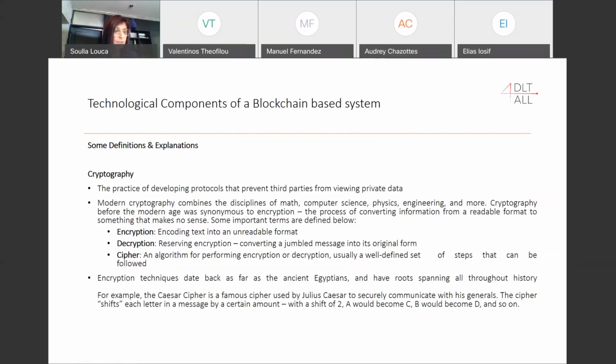Terms to remember: encryption, encoding the text into an unreadable format. Decryption, resolving the encryption, converting the scrambled message back to the original form. And we refer to as cipher the algorithm that we use to perform the encryption or the decryption.